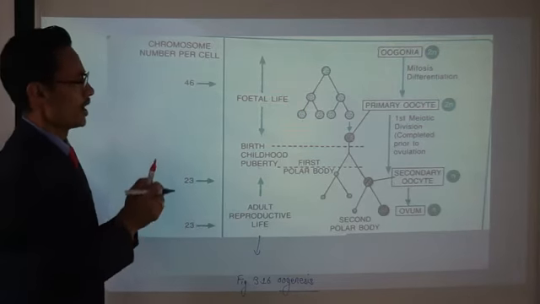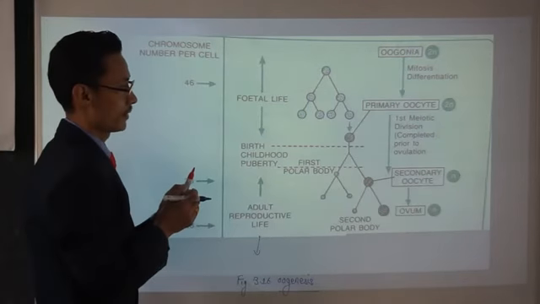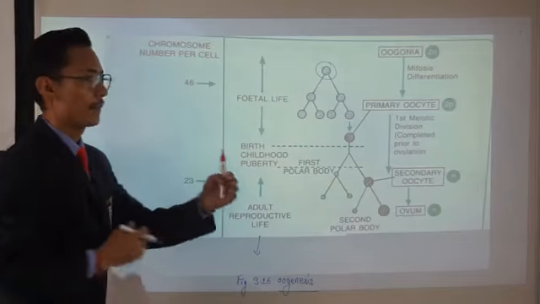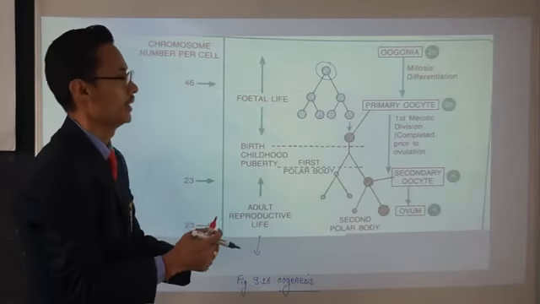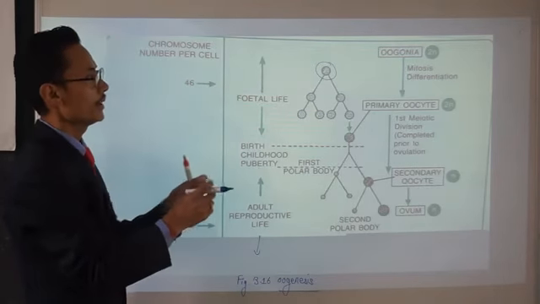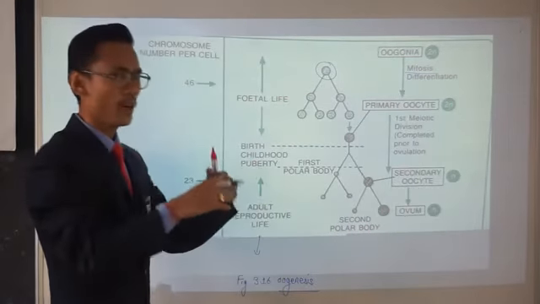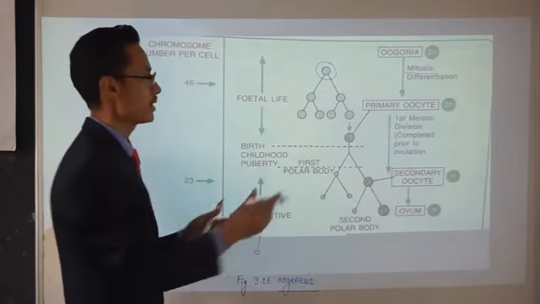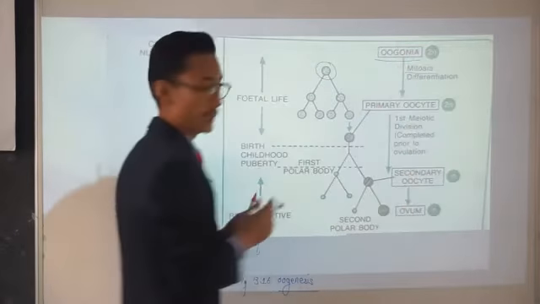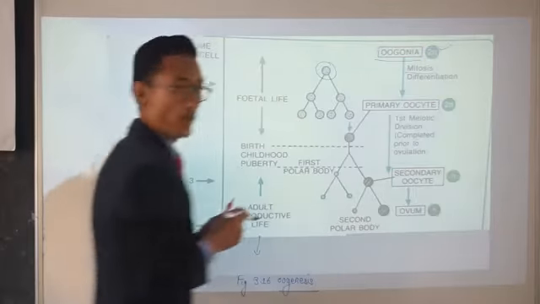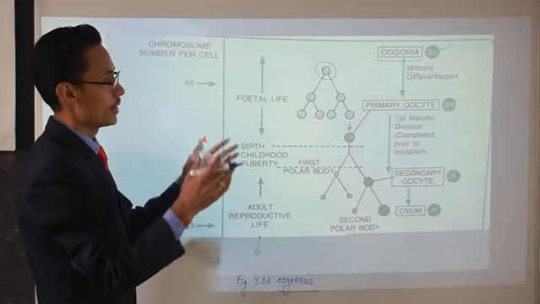So the primary follicles first have to increase in number, and they will increase in number with the help of mitotic cell division. They will form a large number of cells, a group of cells called oogonia, and these oogonia will be diploid, 2N.